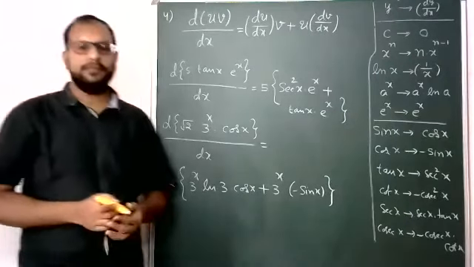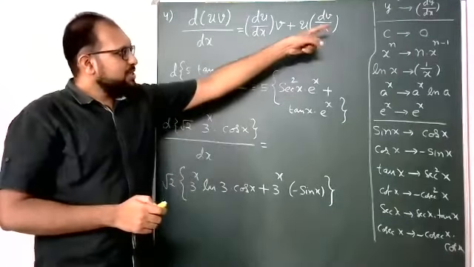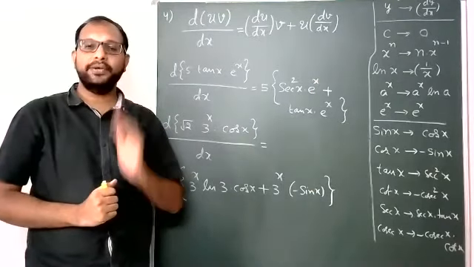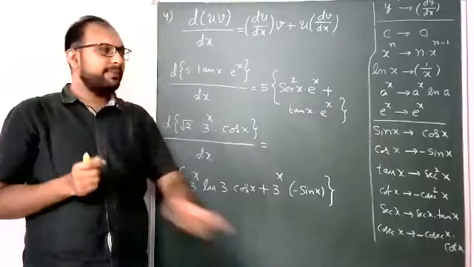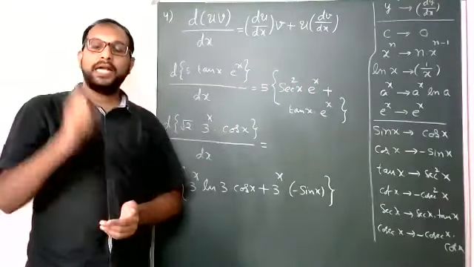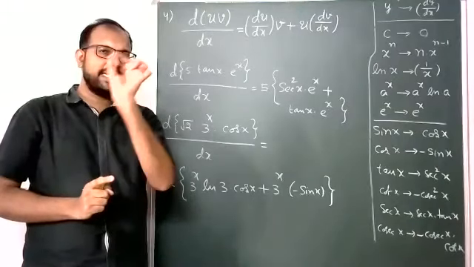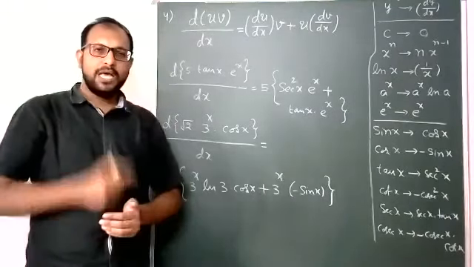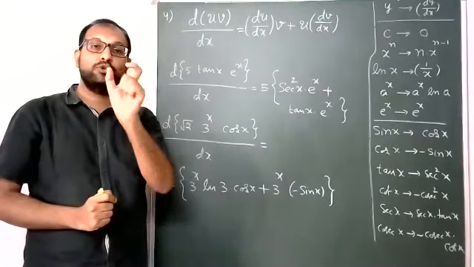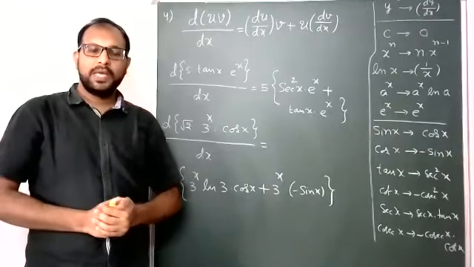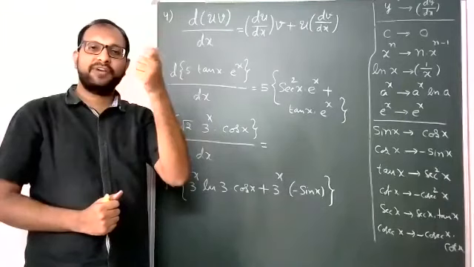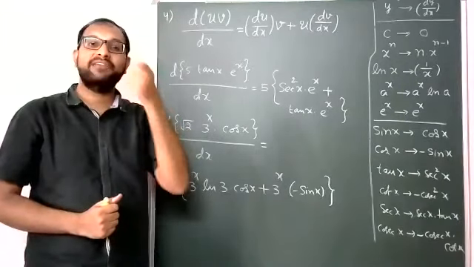Yes, students, first all the ready-made equations and their derivatives. Today you need to remember the equations and their derivatives. And rule number 1: some constant into function. Rule number 2: either addition or subtraction of two functions. Rule number 3: division of one function with respect to another, meaning u by v.